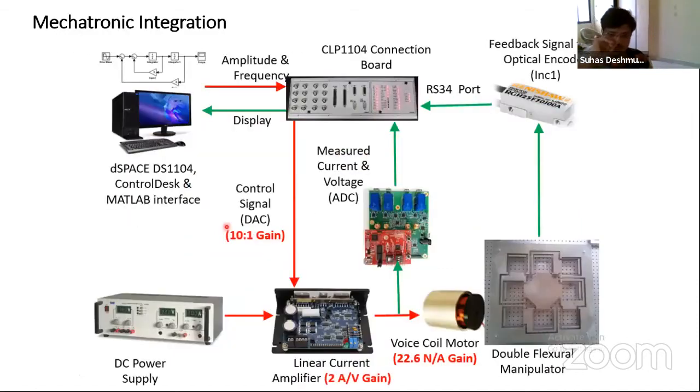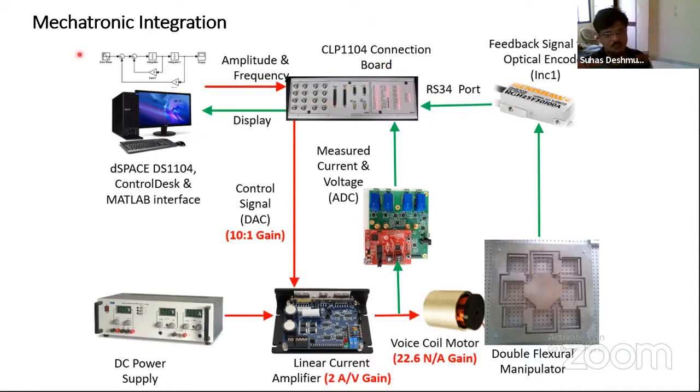For that purpose, we decided to go for an XY mechanism. This is a double flexural parallelogram mechanism. This middle stage moves in horizontal motion as well as vertical motion; you can call it an XY stage. These two optical encoders are mounted on this particular mechanism, and the optical encoder continuously feeds the microcontroller.